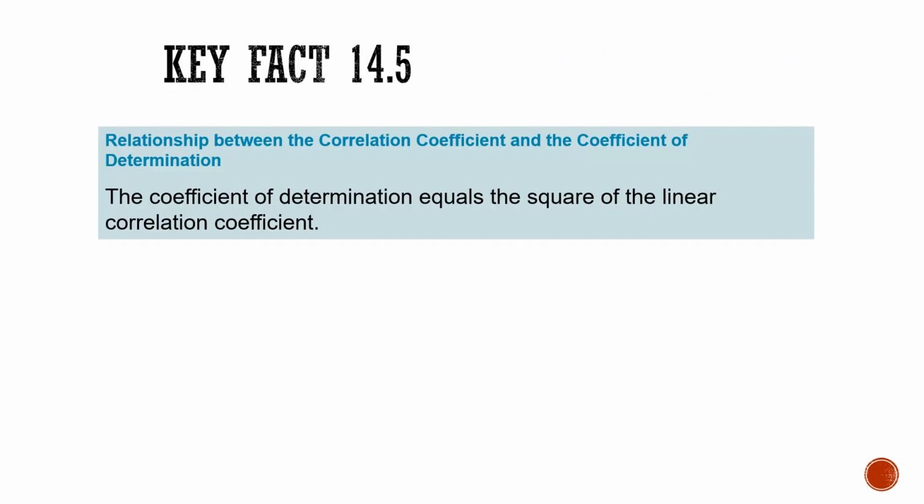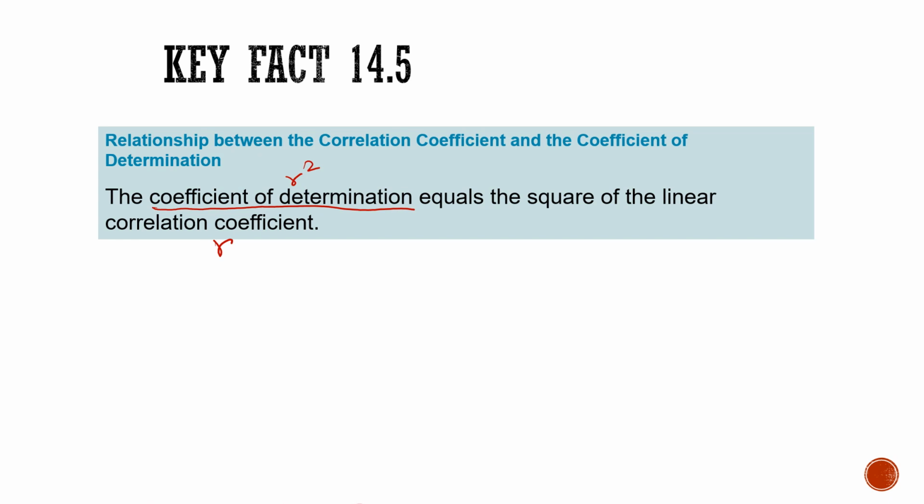And at the end, let's look at the relationship between the coefficient of determination and the correlation coefficient. We saw that the notation for the coefficient of determination was r squared, and that of the linear correlation coefficient was r.